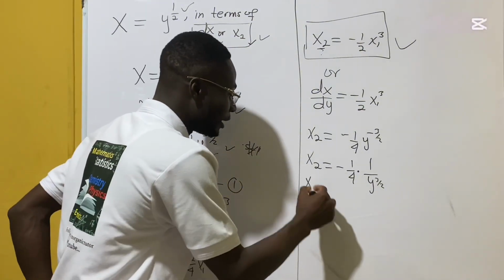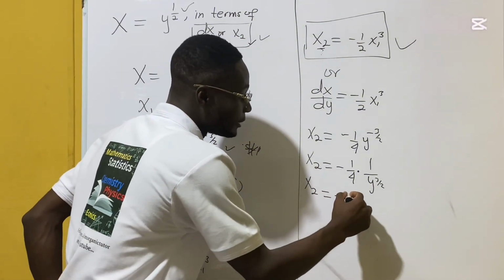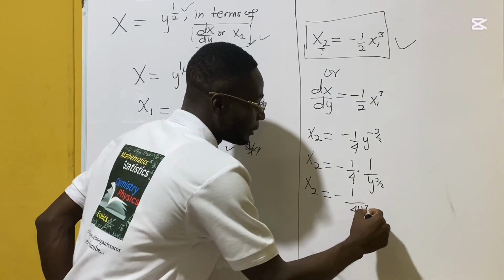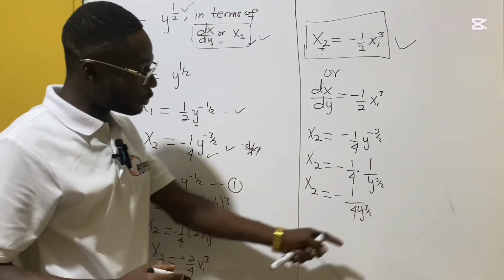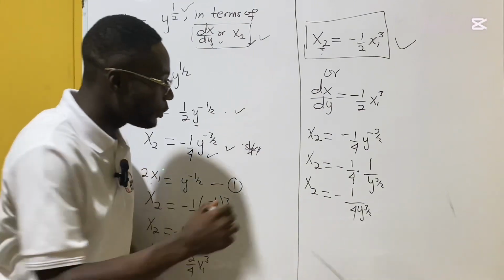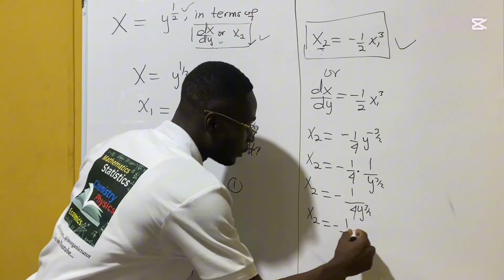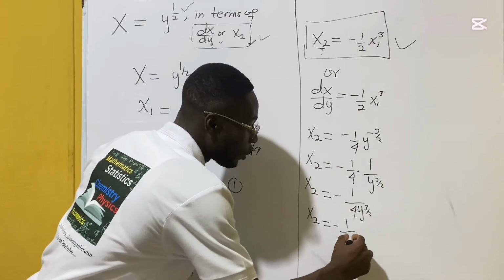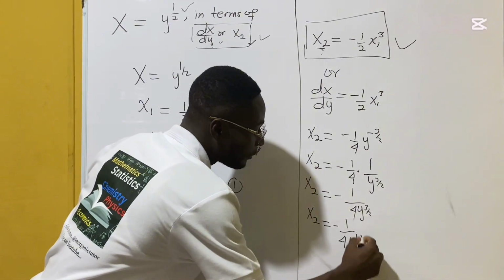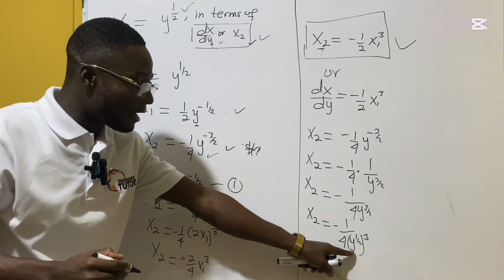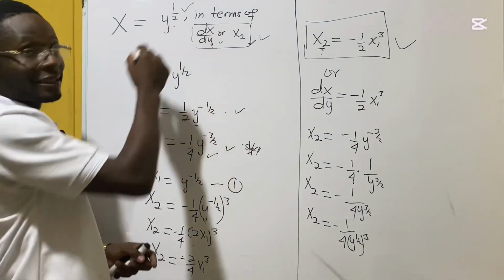So we can say that x2 equals negative 1 on 4 y power 3 on 2, right? So from here, we can say that x2 is equal to negative 1 on 4 y power half, exponent 3, right? But y power half, we know that it's x, right?